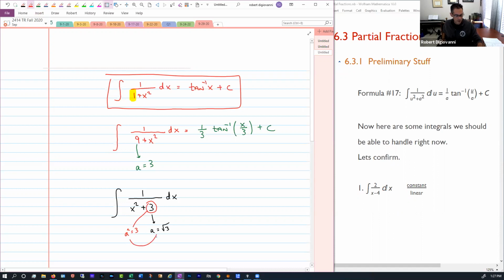So if you want a, just take the square root of it. Since the square root of 3 is not a perfect square, a is just root 3. So the antiderivative would be 1 over a arctangent of x over a plus c. And that's it. We're done.